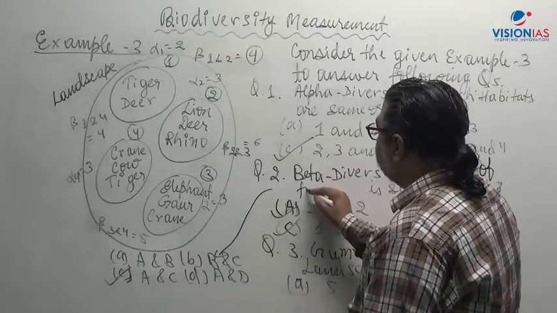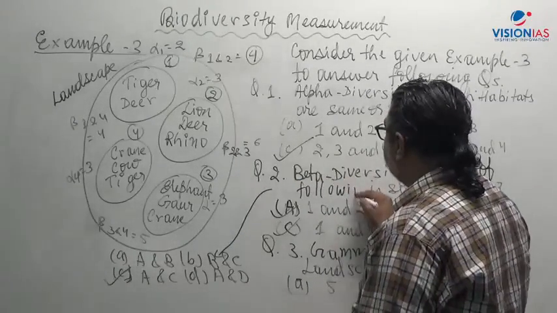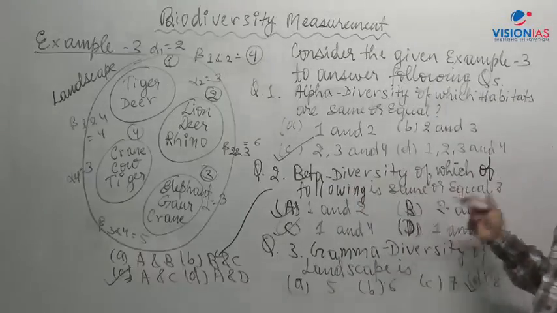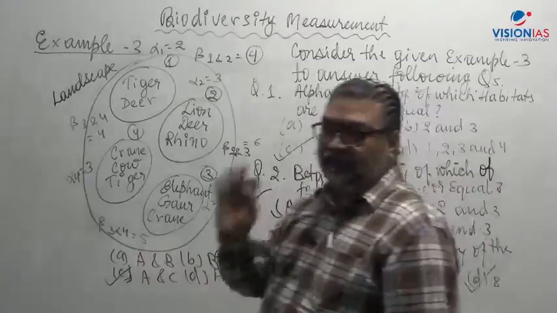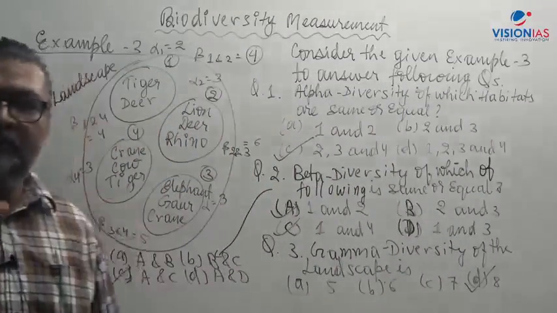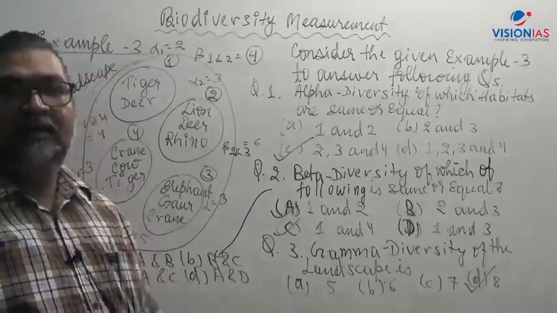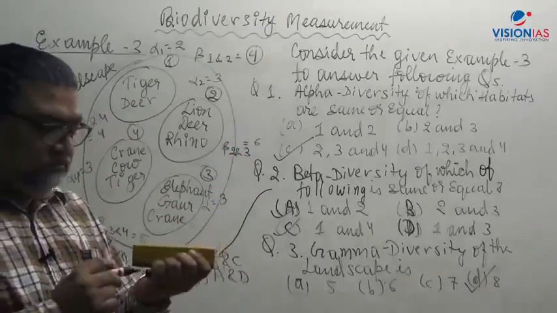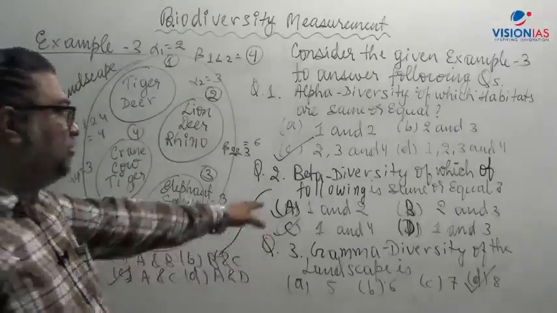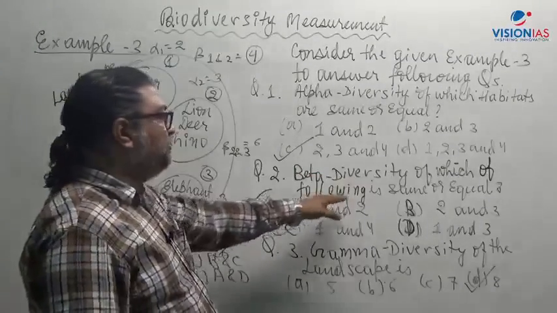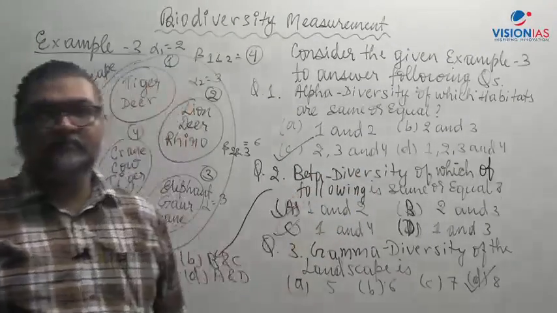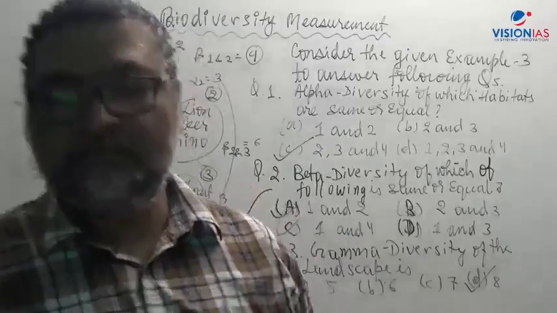Which of following is same. Now it's all right. If you have confusion regarding question number 2, I've changed the language. I've removed the habitat. Beta diversity of which of following is same or equal. Now it is all right.